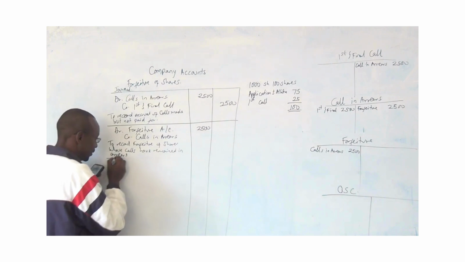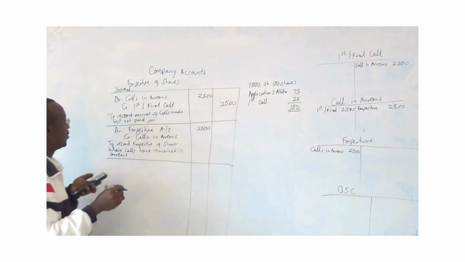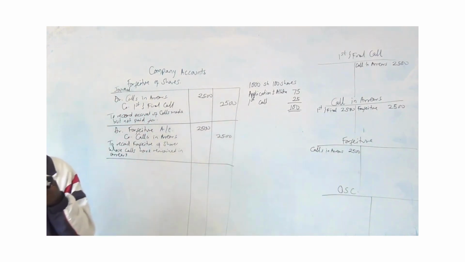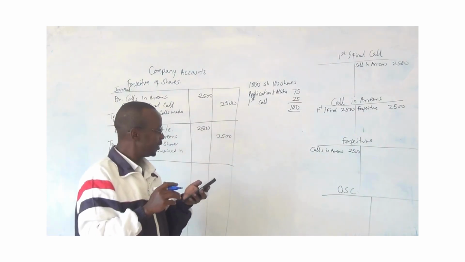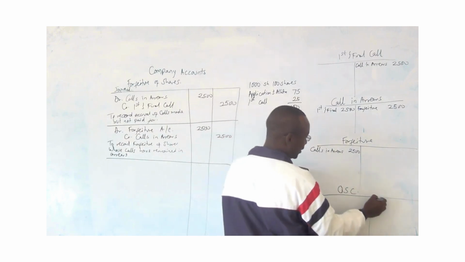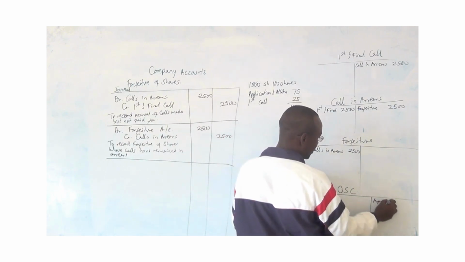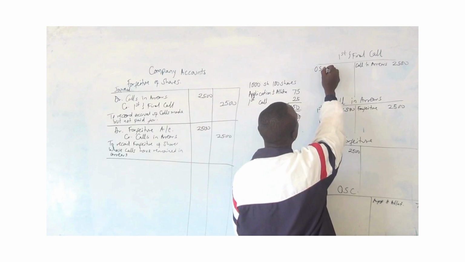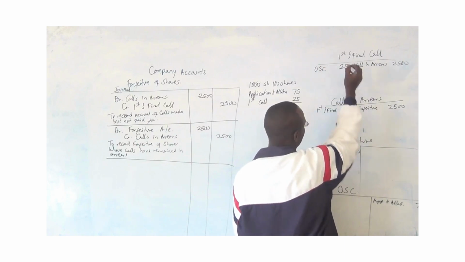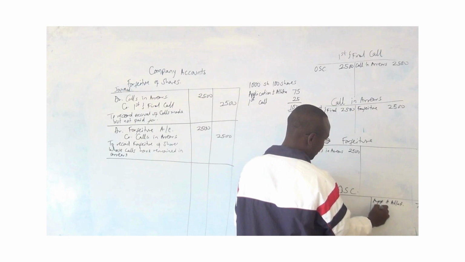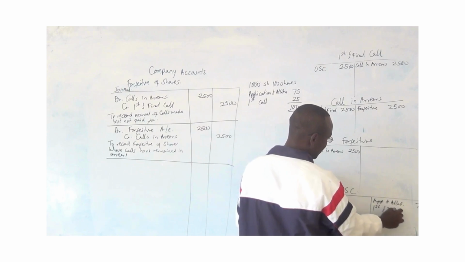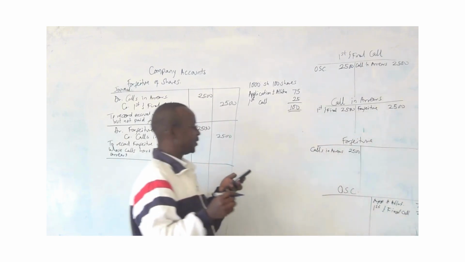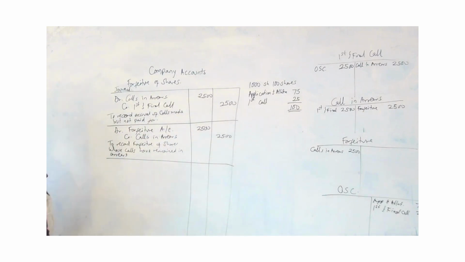Then you have recorded that. What else do you need to record? Ordinary share capital. Already it has application and allotment. It had this. But now, you have cancelled it.